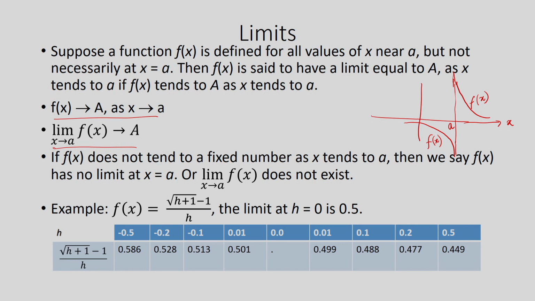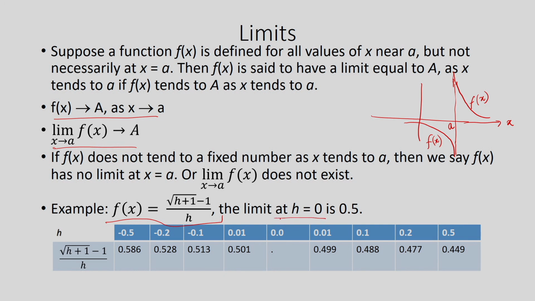Okay, here is an example of how to find the limit. Here f(x) is, suppose, the square root of h plus 1, minus 1, whole thing divided by h, and we want to find out the limit at h equal to 0.